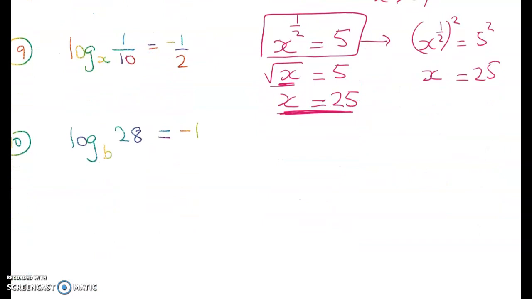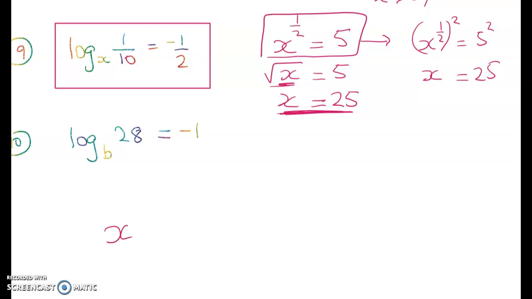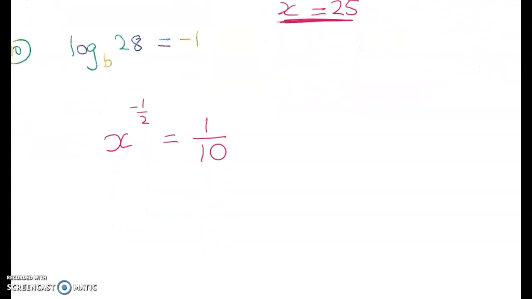Okay, I need a little bit more space here. So moving further down the page, working on this equation, I can see that there's going to be some kind of negative fractional power. So what do we have? Well, we've got x to the power of negative 1/2 is equal to 1/10. Now, x to the negative half is the same as 1 over x to the power of positive 1/2.